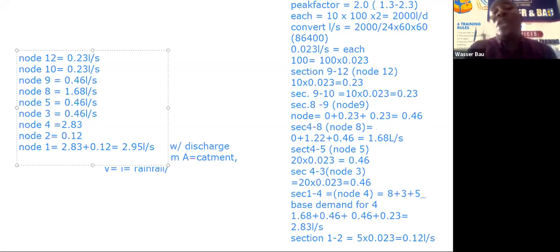So the next thing you need to do is, when you design all of them, you go to your AutoCAD file, your detail, and then you start putting in the diameter of the pipe. I want to give an example.